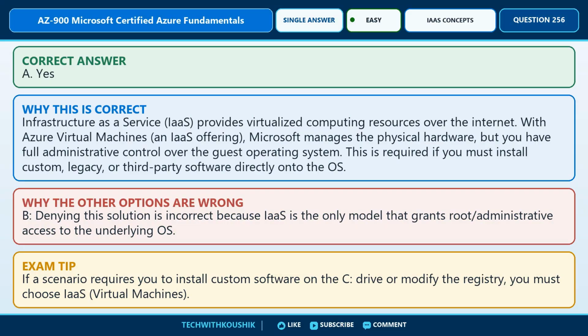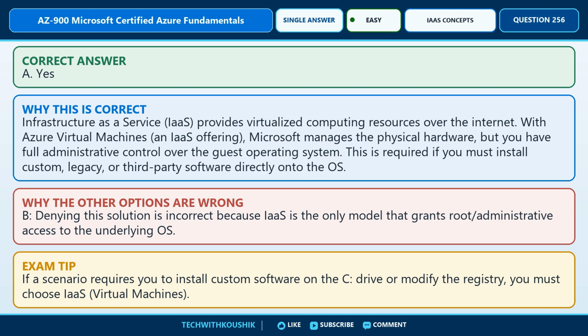This works because Infrastructure as a Service, IaaS, provides virtualized computing resources over the Internet. With Azure Virtual Machines, an IaaS offering, Microsoft manages the physical hardware, but you have full administrative control over the guest operating system. This is required if you must install custom, legacy, or third-party software directly onto the OS.